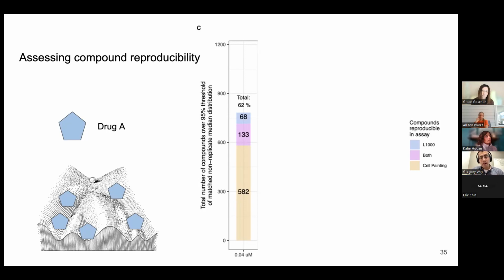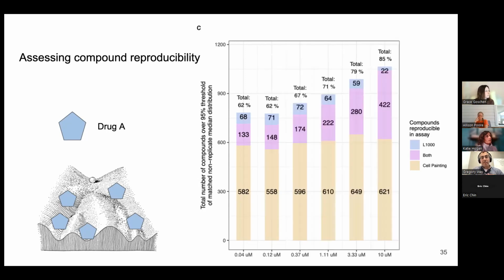So it's kind of a low bar, but still what we see is cell painting, which is in yellow in the lowest dose here, measures 582 different compound perturbations that L1000 doesn't capture. L1000 captures 68 unique, and there's an overlap of 133, for a total of 62% of that 1,327.